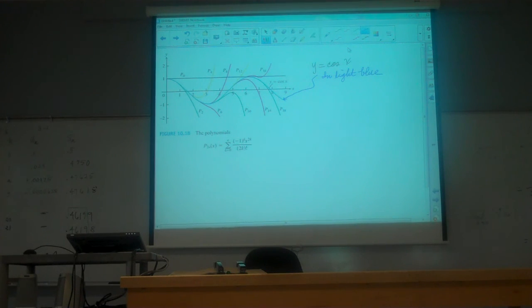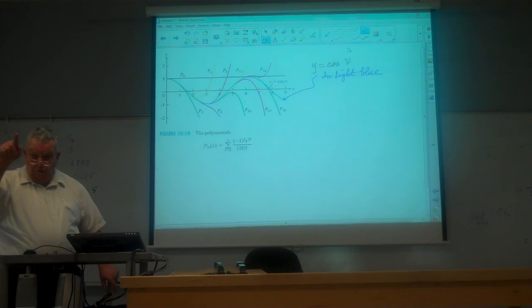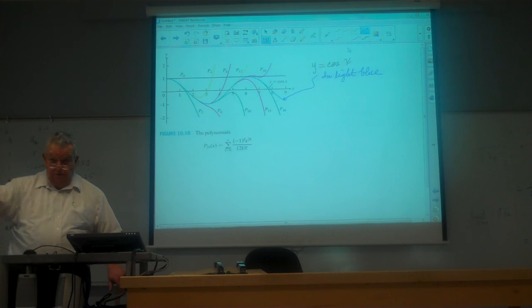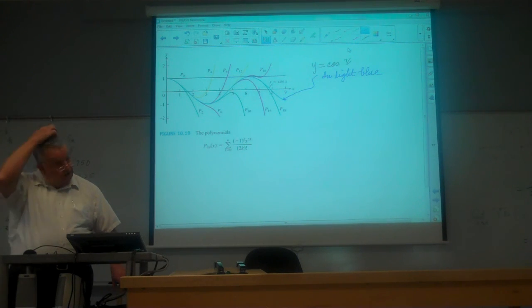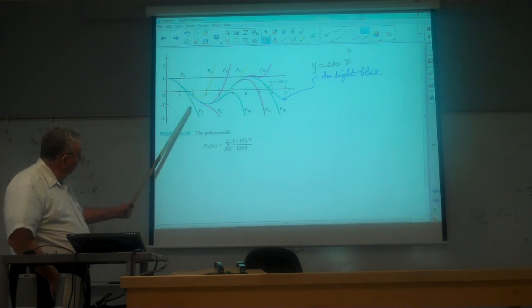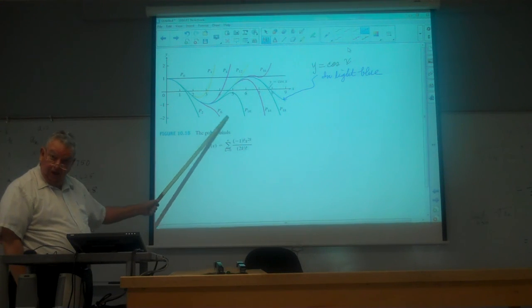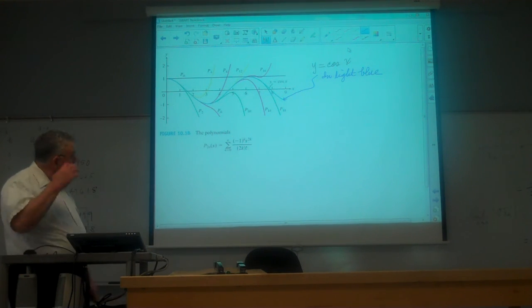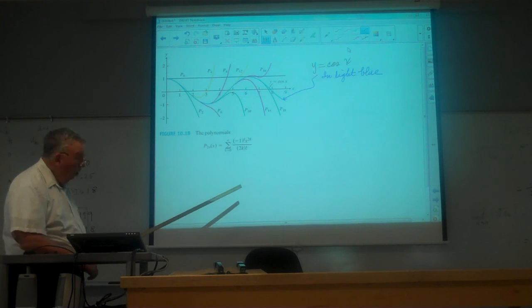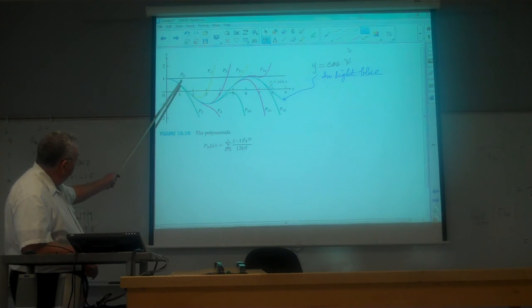Does everybody follow? And then those polynomials, you remember the one I had in blue in the box? Those polynomials, we graphed them. You get the idea? And what this shows you is the right graph is blue.